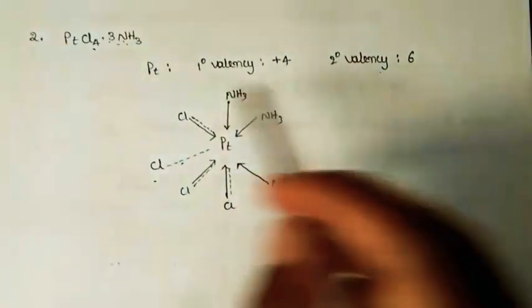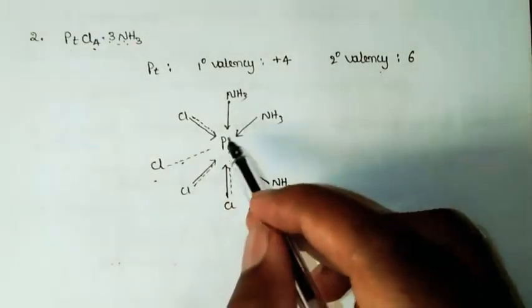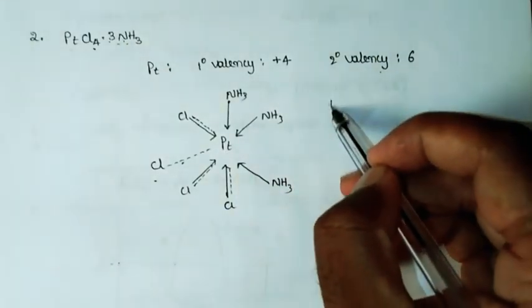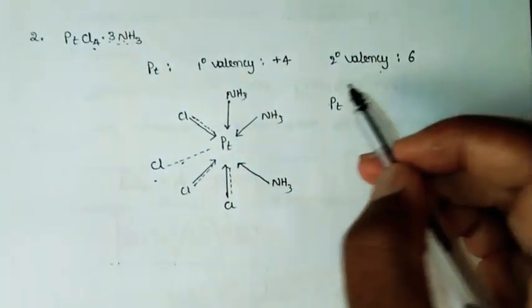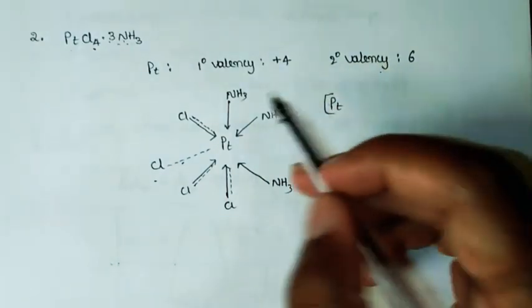So by looking at this, now we shall try to frame the exact molecular formula for this constitution. The central metal ion is platinum. And now we shall incorporate the ligands within the coordination sphere.